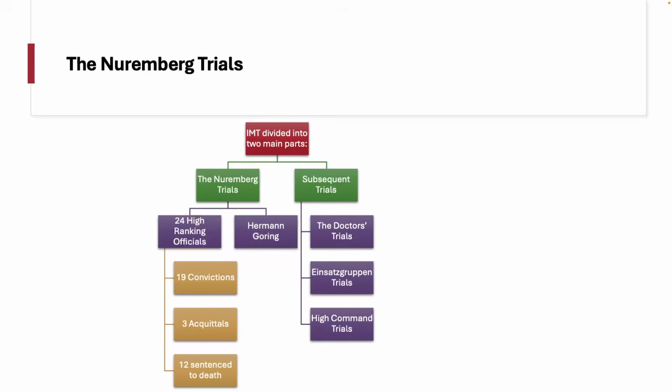So what is the legacy of the Nuremberg trials? What can we say about them? Well, firstly, it sets the precedent for the establishment of a new body of international law, international criminal law.